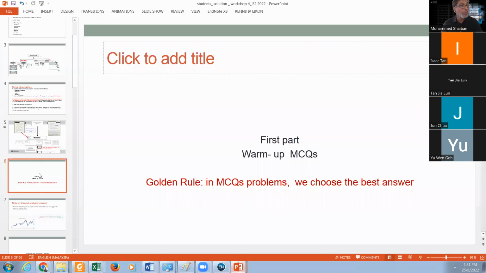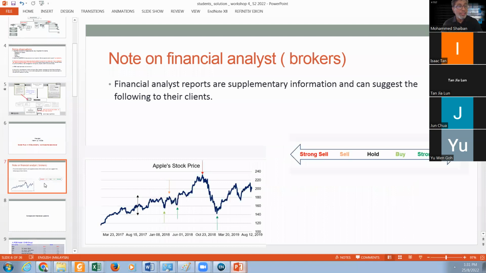This is just to explain to you how the market works, and this is what the brokers do. The financial analyst will tell you the market price goes up and down. The green one, they already know. At this point, which is June 1st, they know the price will go up.